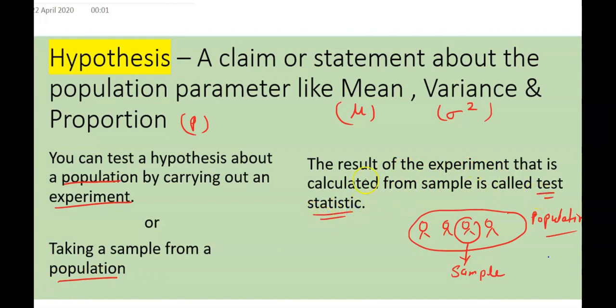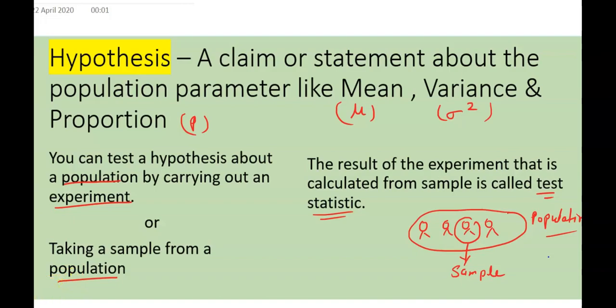So this is really important. This whole process is called an experiment. In this experiment I have finalized this sample, and on this sample we do the test, and that's called the test statistic. I hope these definitions are clear. So hypothesis is a claim or a statement about the population parameter like mean, variance and proportion.